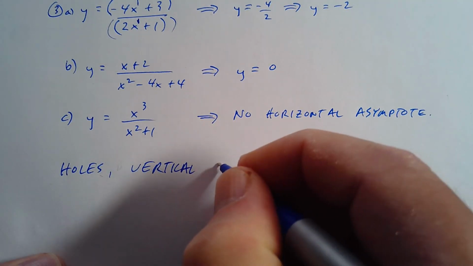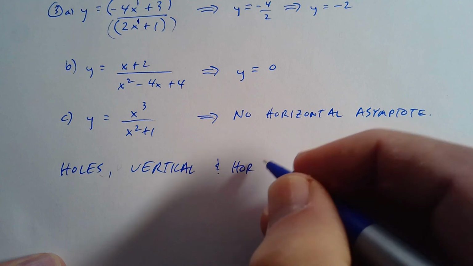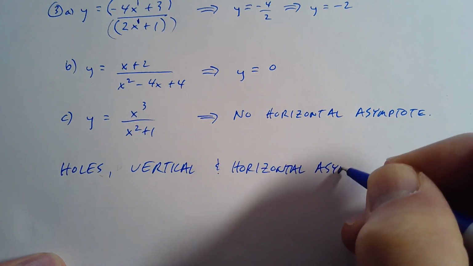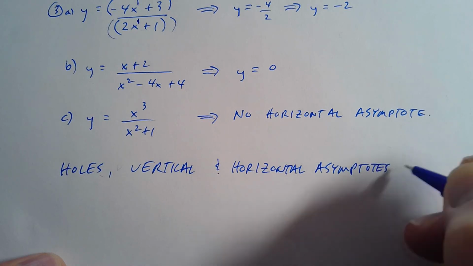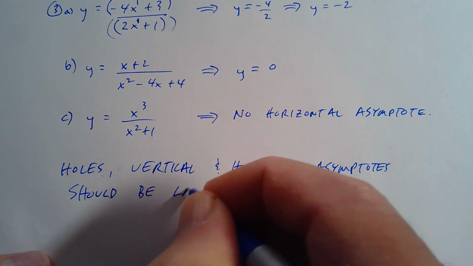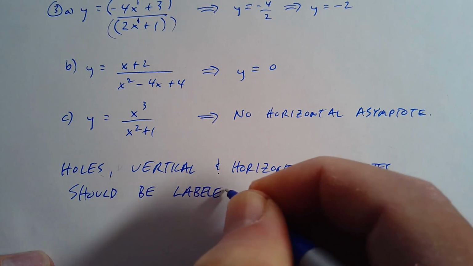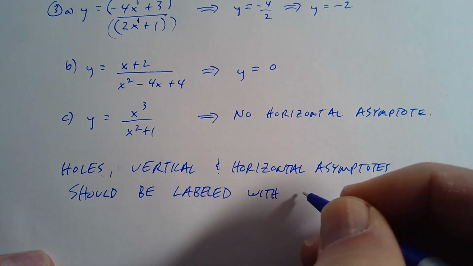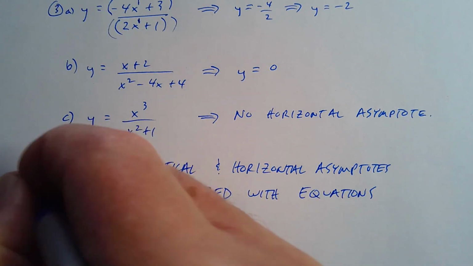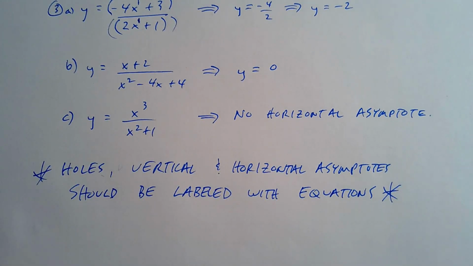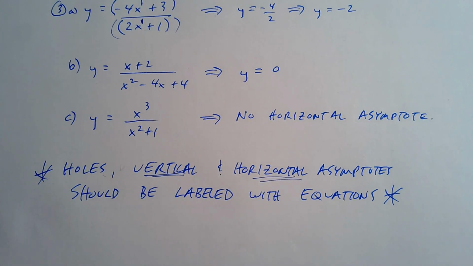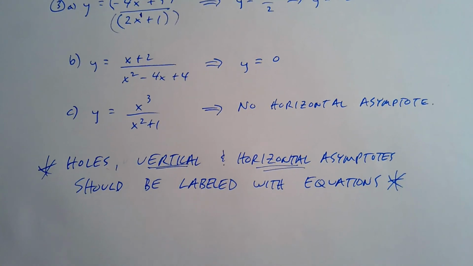Vertical and horizontal asymptotes should be labeled with equations. So please don't forget that. Very easy to forget writing out the equations for these. We find them and then we forget to put them on the graph. So don't be that kid.